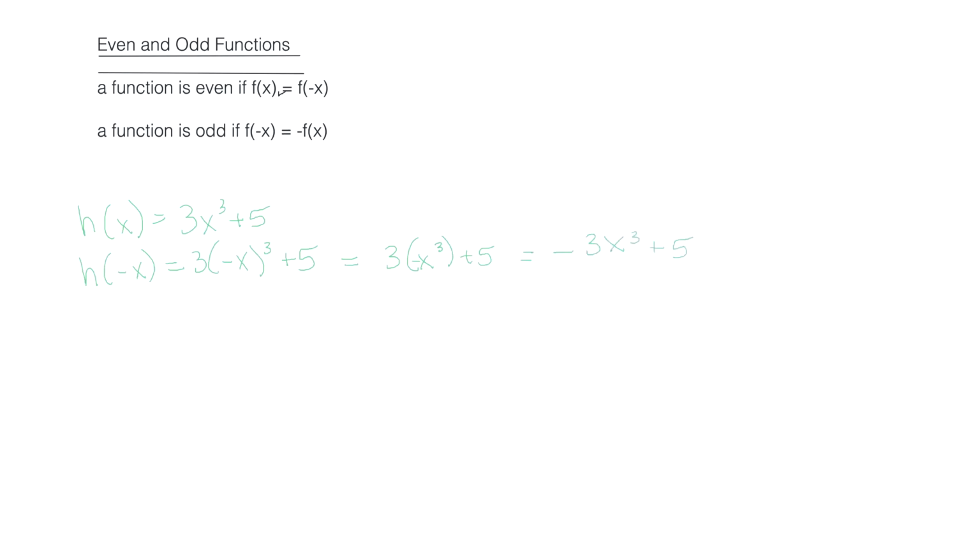So it's not even because my h of x, which is the same thing as f of x, g of x, whatever, does not equal h of negative x. Here I have h of x is 3x cubed plus 5. H of minus x is minus 3x cubed plus 5. So they're not the same, so they're not even.